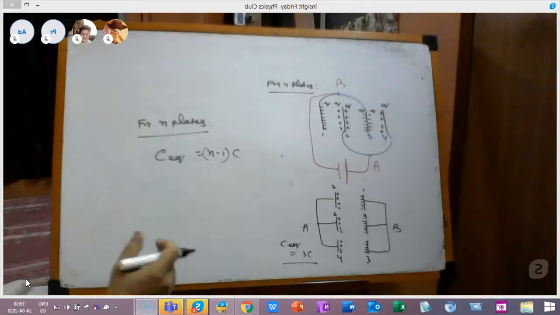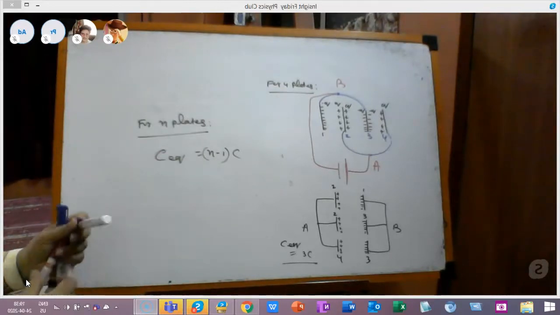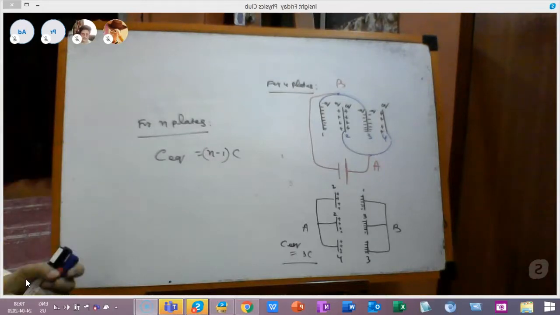In this case, when alternate plates are joined, we will be getting the parallel combination of the capacitors. Okay, these are 2 simplest cases to start with, but there are various other cases which you are going to solve. 3 plates will always give you 2C.